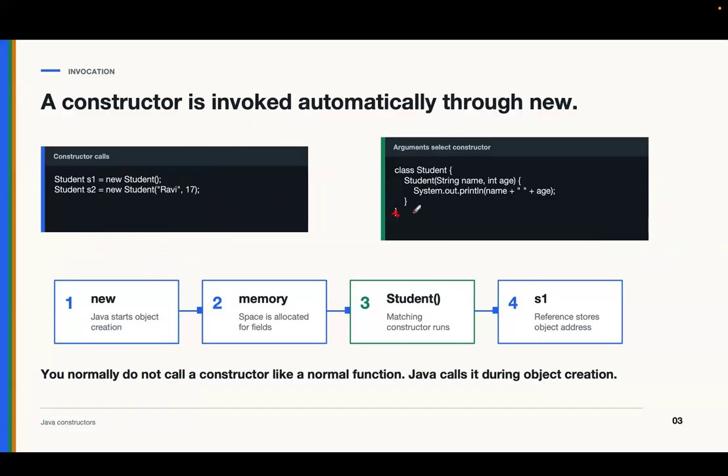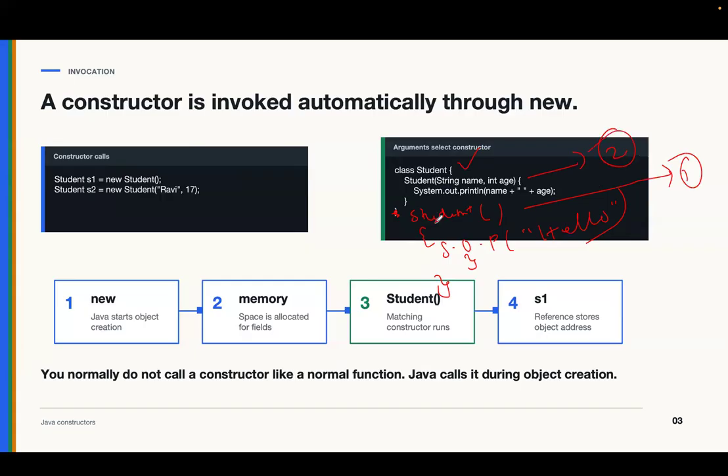I'm writing one more constructor, student, inside which I'm giving system.out.println hello. Closing the constructor and closing the class student. So how many constructors do we have inside this class student? How many constructors do we have? This is one constructor, and this is another constructor.